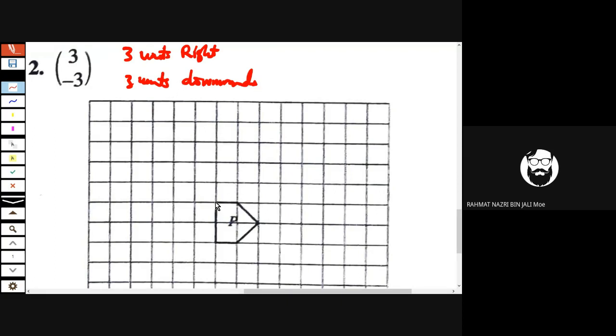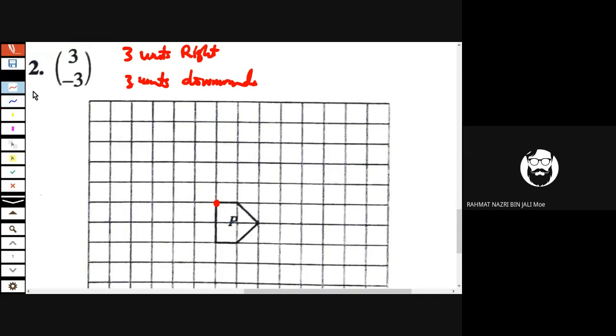Jadi kita ambil satu titik saja. Kalau tidak confident, kita boleh ambil 2-3 titik daripada objek ini untuk translate based on the given description. 3 unit to the right. So we move to the right, 3 unit.